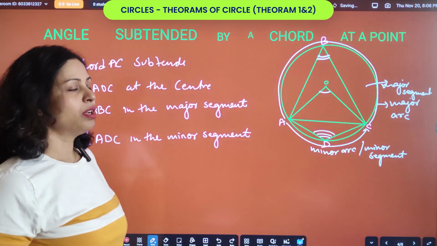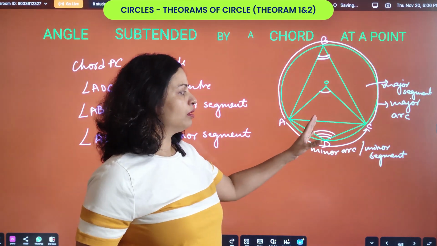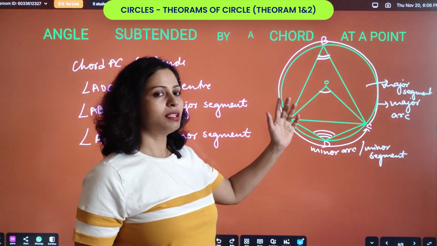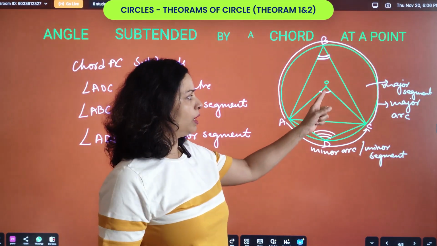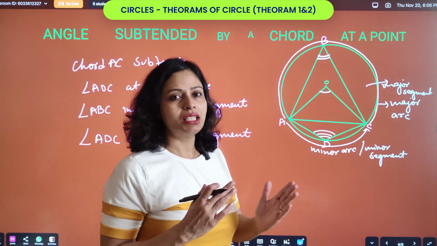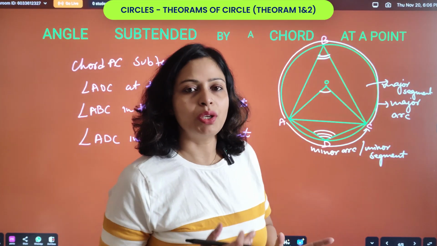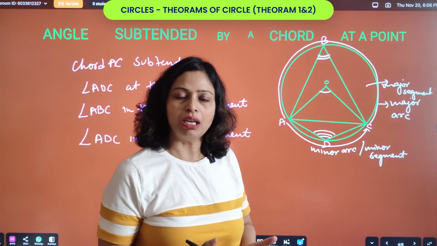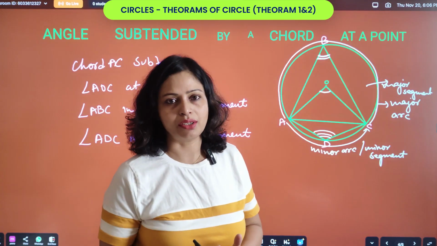So you should be aware that the chord of the circle subtends 3 types of angles: angle at the center, angle at the major segment and angle at the minor segment. This concept we will be using in the theorems coming up and also in the questions related to circles.